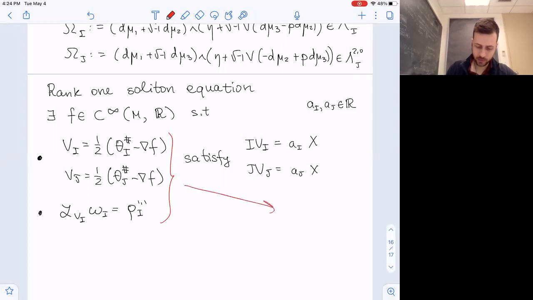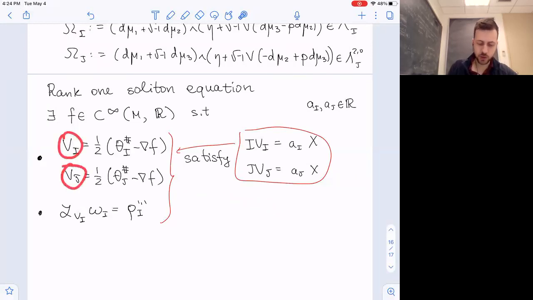So the fact that V_I and V_J are individually I and J holomorphic, and I V_I and J V_J are Killing, which is of course true under these assumptions, together with this equation, imply the system which we were writing in the beginning, in the classical terms, without really using complex structures in the generalized geometry.